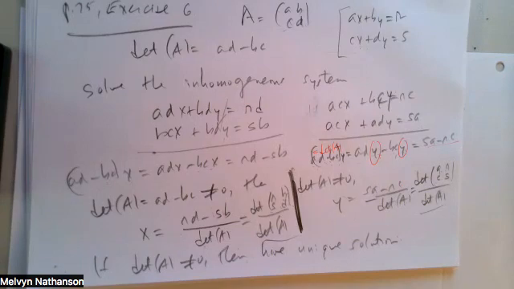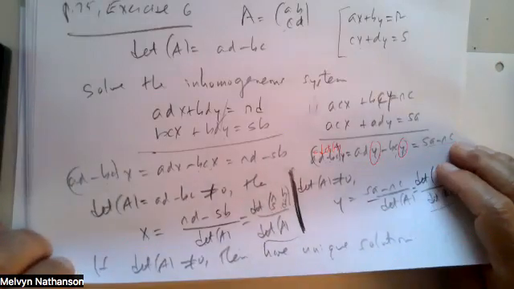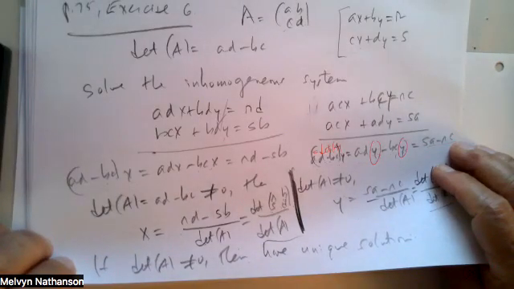It was on pages 74 through 76, exercise 5. It begins with the determinant of the 2 by 2 matrix A equals A, B, C, D. Right.